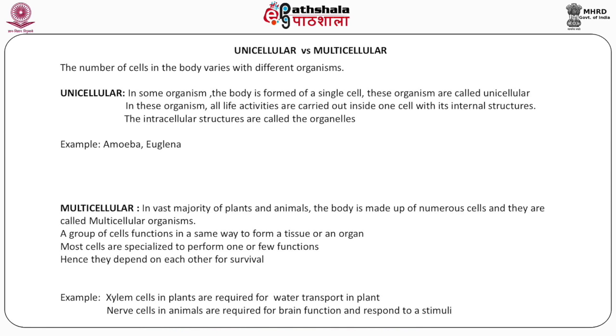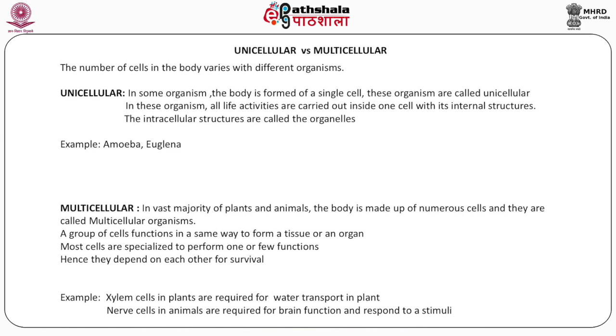In some organisms, the body is formed of a single cell, and these organisms are called unicellular. In these organisms, all life activities are carried out inside one cell with its internal structures. The intracellular structures are called the organelles, example amoeba and euglena.